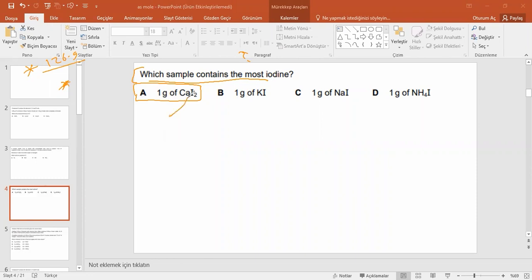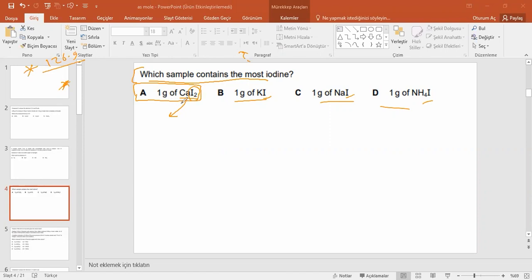Guys, we need to calculate. To solve this equation, we need the moles of CaI2. Sorry, the molar mass of it. Then we'll find the mole of it. Then we'll see how many moles of I2 in here. And we do the same thing for this. We need to know how many moles of I is found in each compound to know which one has more iodine.